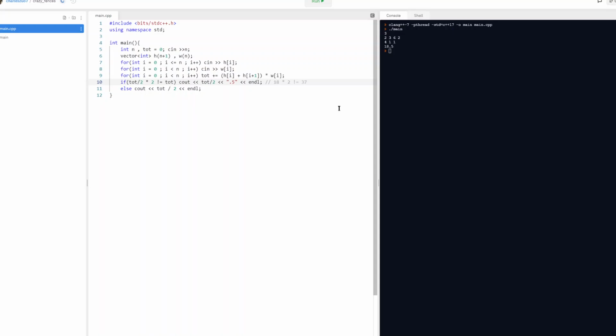Then we know that our computer has cast to another number, the integer below the actual result, and then we can plus the 0.5 in the end of tot divided by 2. So we can do this because the answer is always gonna be an integer or an integer plus 0.5, and that's our strategy for this problem.